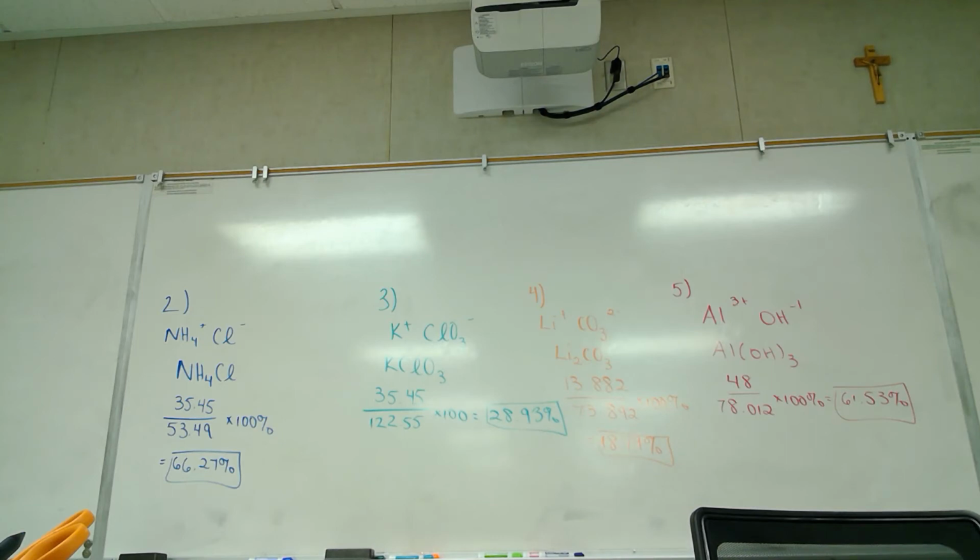Your task is to determine the percent of your penny that is zinc and the percent that is copper. Then, on page 14, you're going to calculate how much the government saves by using a new penny with zinc versus a penny that was pure copper.